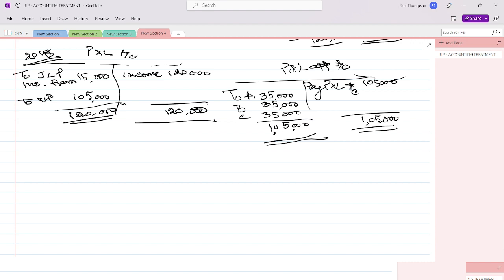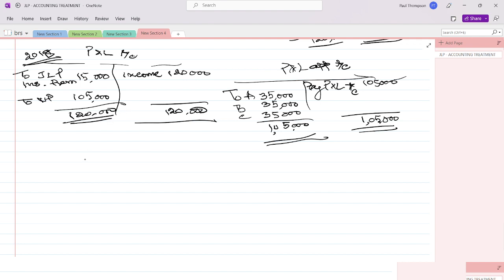So year after year they will be going on making payment of the insurance premium. Cash flow will remain the same, and the distribution is reduced. The profit has come down by 5,000.